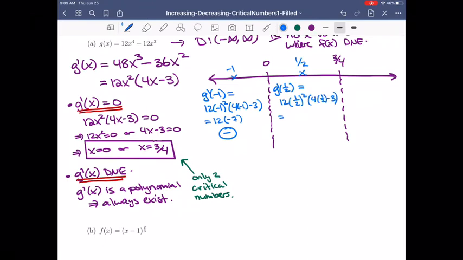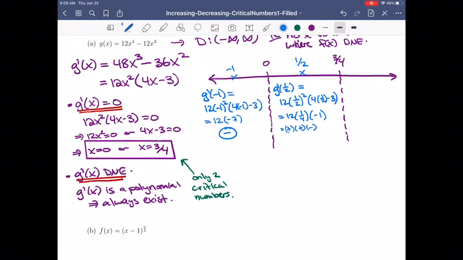So this is 12 times 1/4 times 2 minus 3, which is -1. Notice I have a positive times a positive times a negative. So I only have one negative. This is going to be a negative number. Again, I don't actually care what it is. I only care if it's positive or if it's negative.